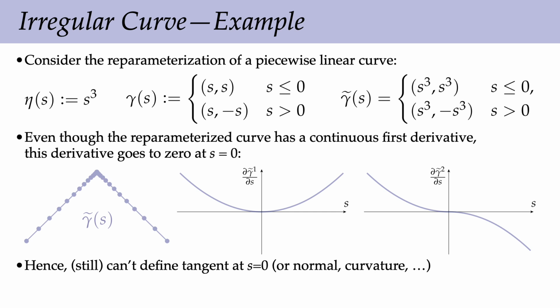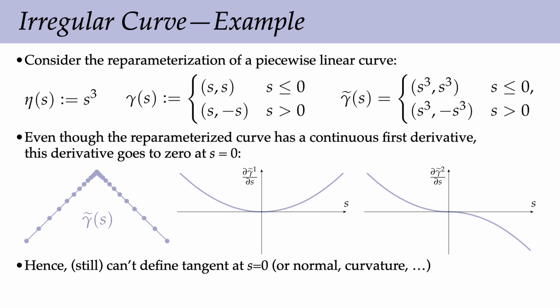So we come back to this idea that the tangent is not simply the derivative of the curve, it's the derivative of the curve divided by its norm. And because we can't define the tangent, we also can't define the normal, we can't define the curvature, or a lot of other quantities that we might care about, at least not in the classical sense. We can't just do ordinary differentiation and hope that these quantities will come out.